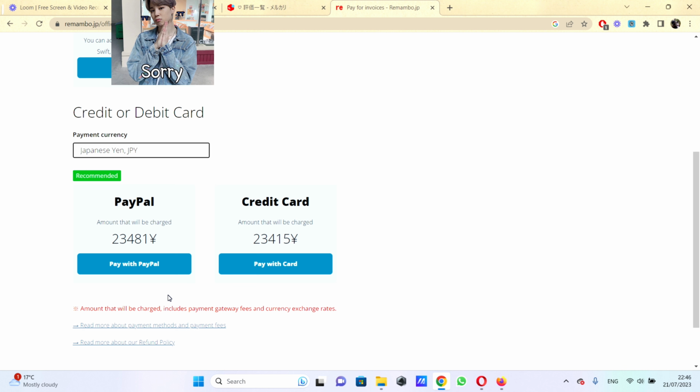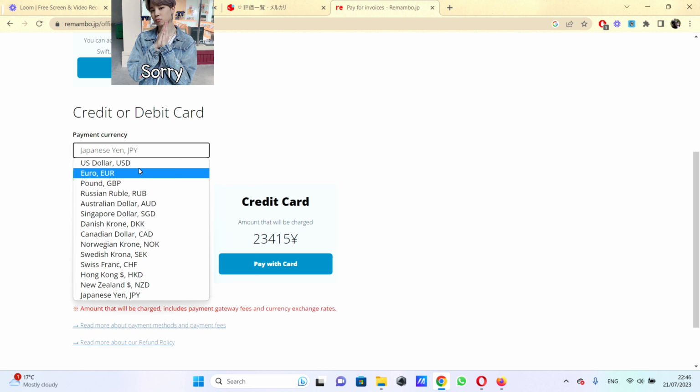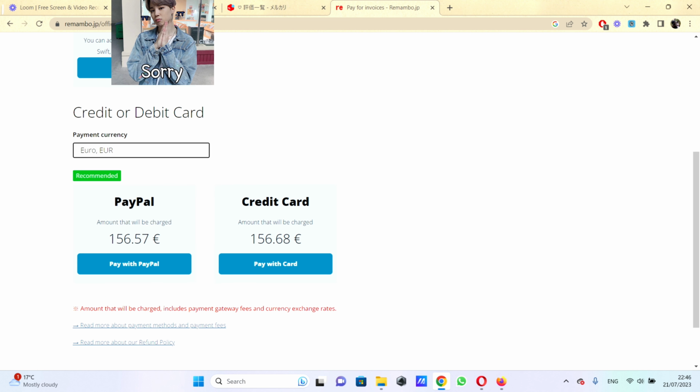For me, if I were to use my credit card's exchange rate, it would be 147.51. And if I use their exchange rate, it is 156.68. As you can see, that's quite a substantial difference. 9 euros, I would say, is a substantial amount to waste on exchange rates and fees. So always, always, always use your credit card's exchange rate. Even if your credit card is not the same as mine, it will always be better.